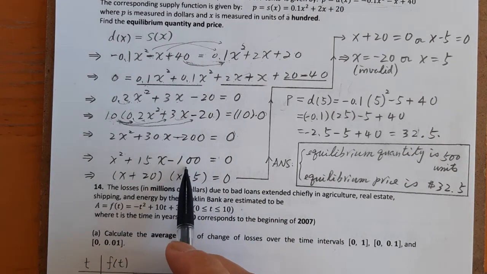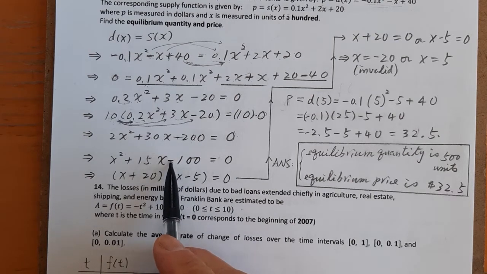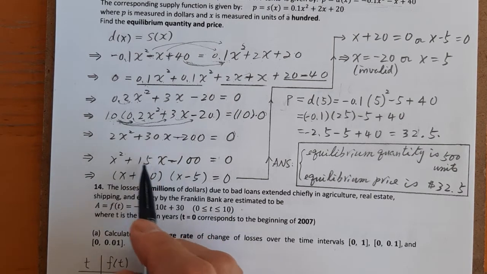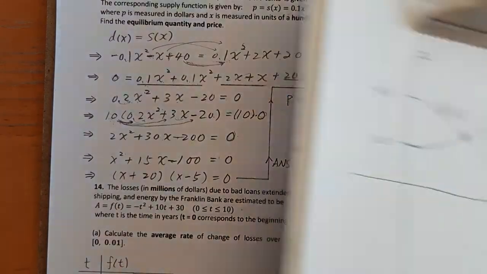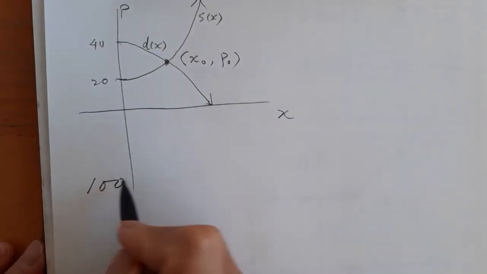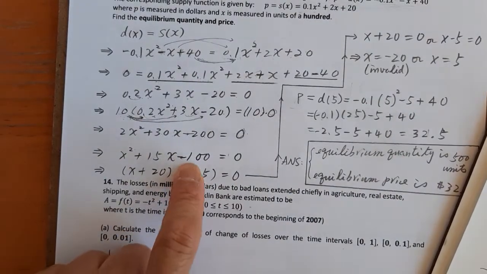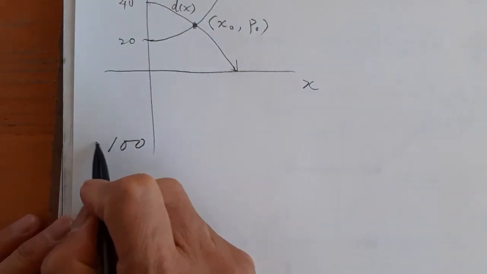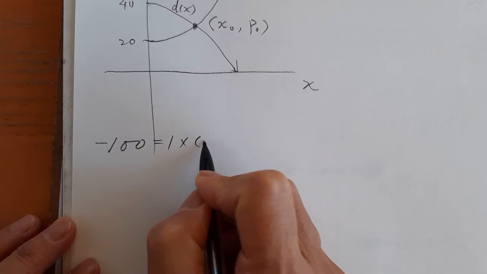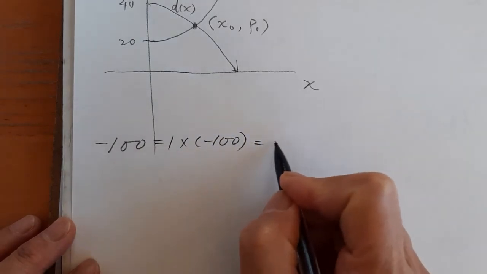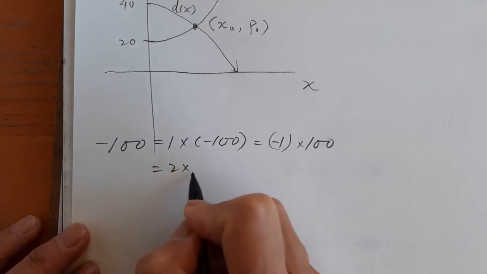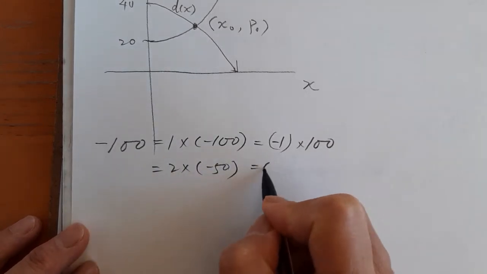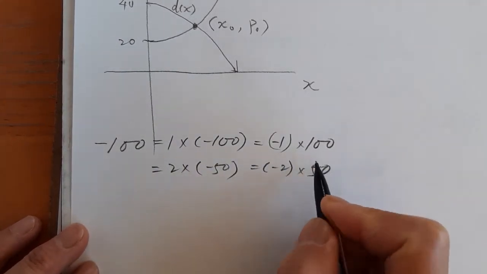You need to find two numbers that multiply together to equal negative 100 and add together to 15. The product is negative 100, so the factor pairs can be 1 times negative 100, or negative 1 times positive 100, or 2 times negative 50, or negative 2 times positive 50.